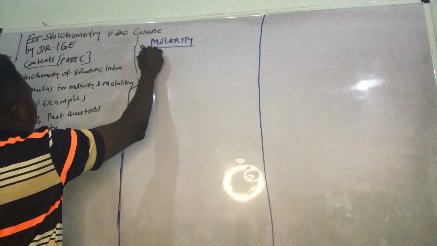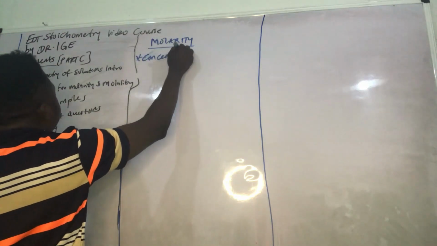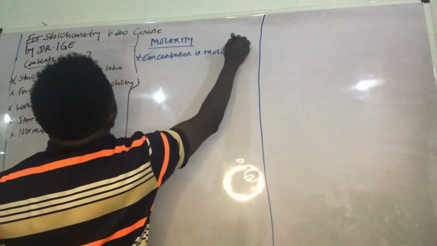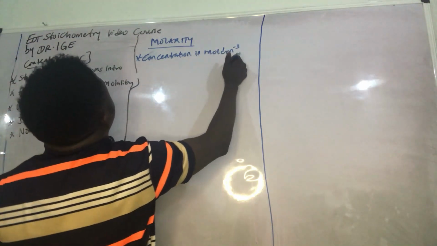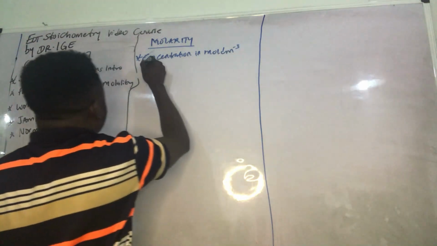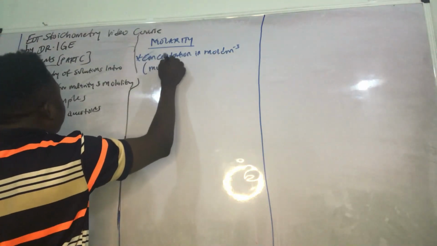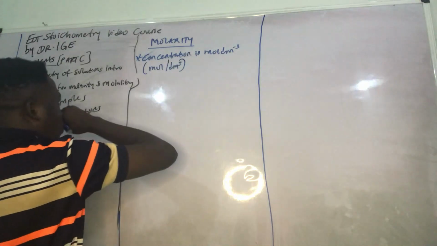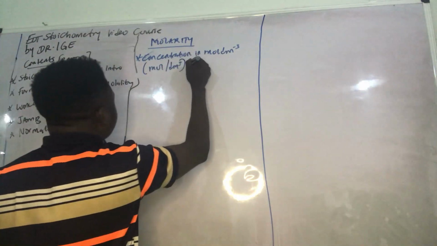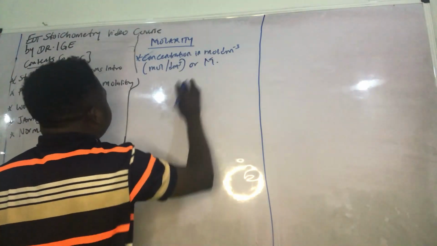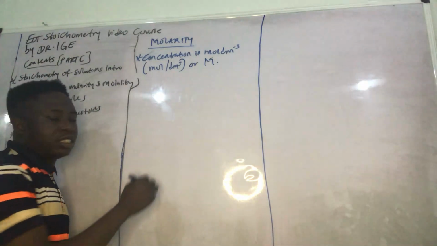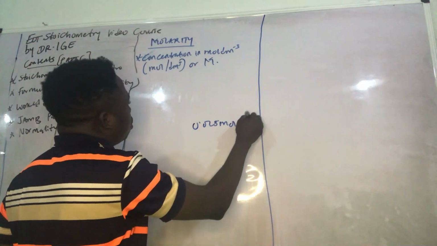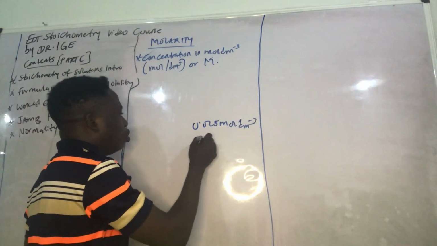concentration in mole per dm cube. Concentration in mole per dm cube. So if you see something like 0.025 mole per dm cube, this is called molarity.